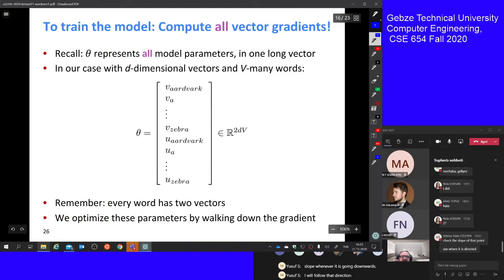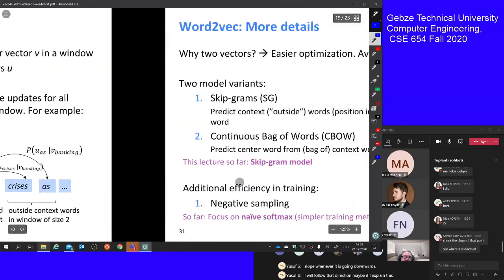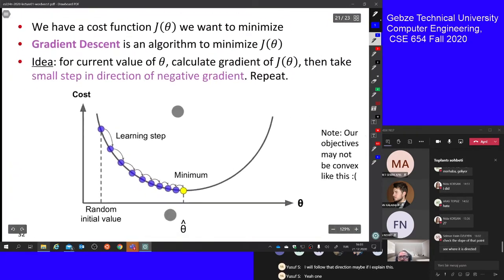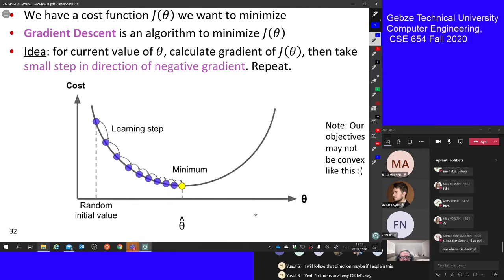Maybe if I explain this in a one-dimensional way, let's say I have this f(theta) only. I started at this position, a random initial value here, in red.